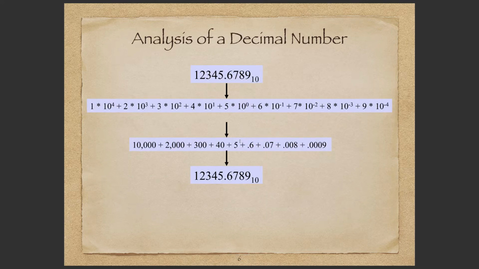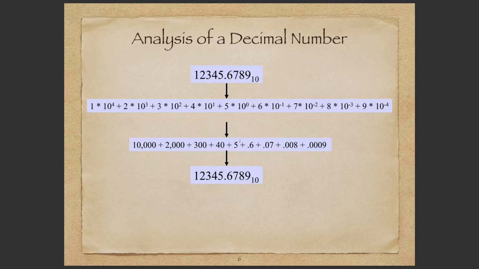When we look at a decimal number, we learned a long time ago the difference between the digits, which we have a choice between 10, and the weight that each digit contributes to the value. And the weight is determined by the column that that digit appears in. With a decimal number, we're all totally familiar. It's the ones column, the tens column, the hundreds, etc. In a mathematical perspective, you may consider it the 10 to the 0 column, the 10 to the 1 column, the 10 to the 2 column.